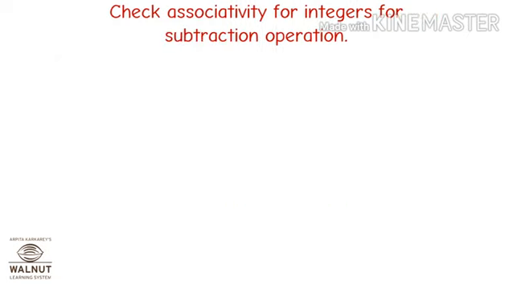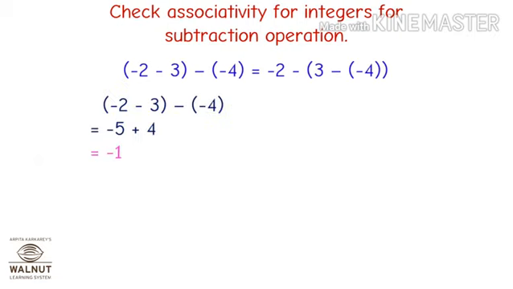Let's check associativity for integers for subtraction operation. (-2 - 3) - (-4) versus -2 - (3 - (-4)). (-2 - 3) - (-4) is equal to -5 + 4, which is equal to -1. Whereas -2 - (3 - (-4)) is equal to -2 - 7, which is equal to -9.